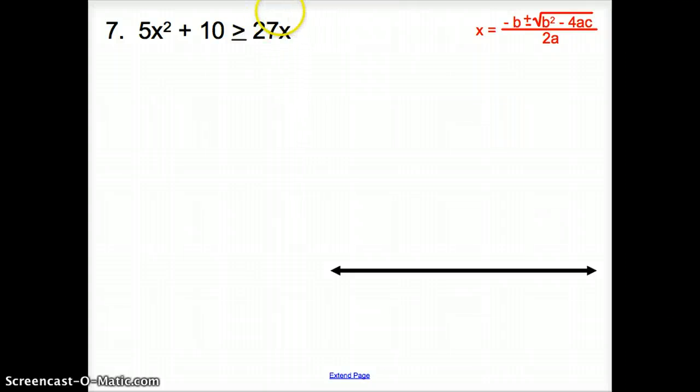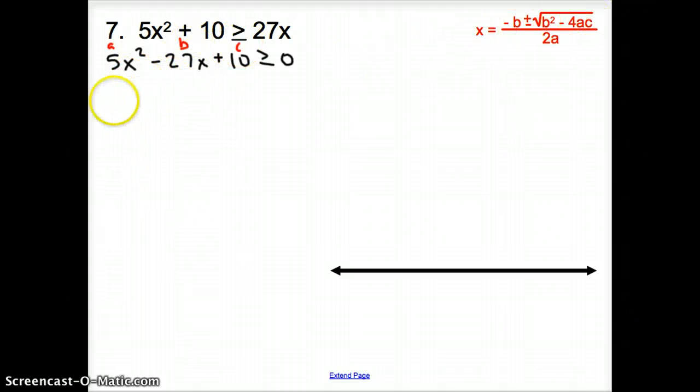Remember, anytime we try to solve anything, this needs to be 0 over here. So I'm going to subtract that 27 over to get 5x squared minus 27x plus 10 is greater than or equal to 0. Now I'm going to use the quadratic formula that I stated earlier, and here it is right over here in case you didn't remember. Also our a is 5, our b is negative 27, and our c is 10, putting them all in here.